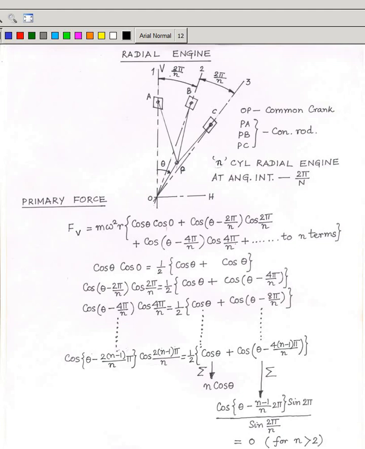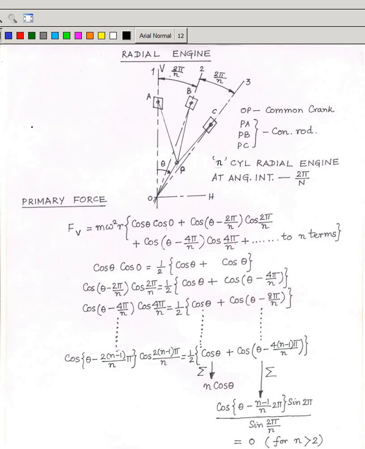So here we study the radial engine and investigate the state of balance of a radial engine. In a radial engine, all the cylinders, the lines of stroke, are arranged as radial lines like this.